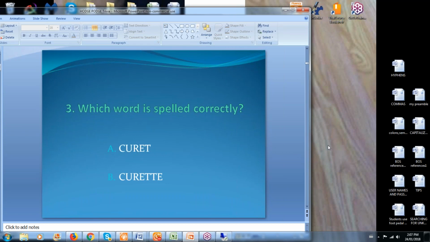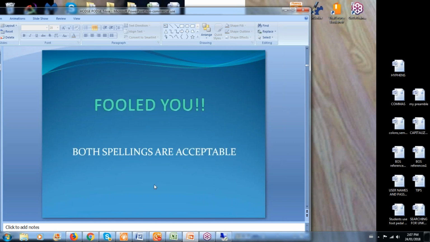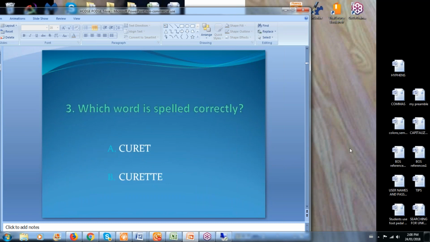I know I will get this one right because I called in yesterday about the same word. Okay, so you ready for this, people? Fooled you. Both spellings are acceptable. So remember that, both spellings are correct.